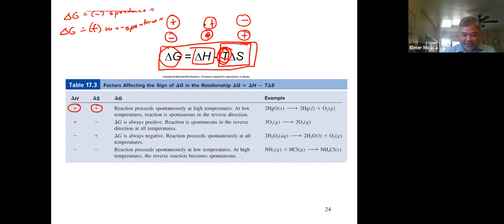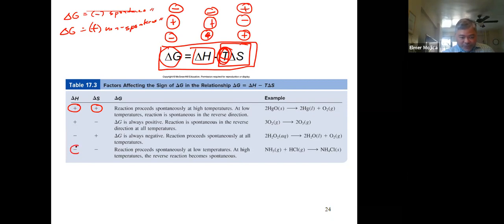And if you have a negative here and a positive here, you could say this is always a negative if you do the math. Because a negative times positive will give you a negative. You add it with a negative, you get a negative value.